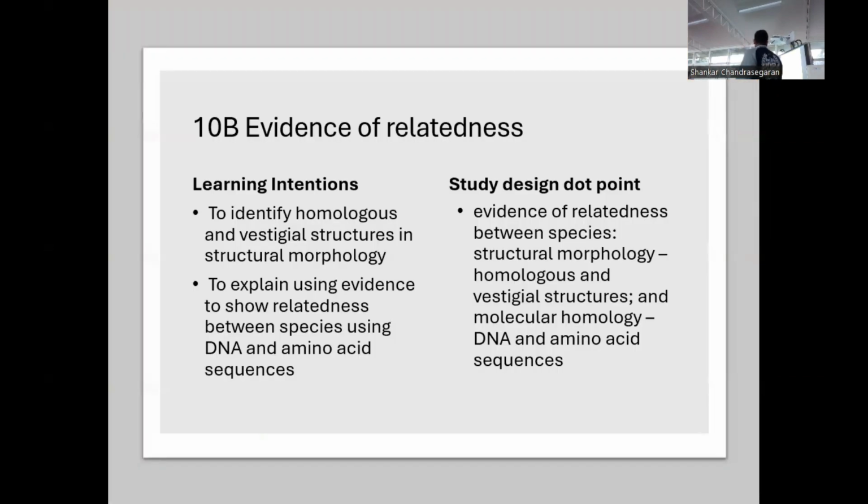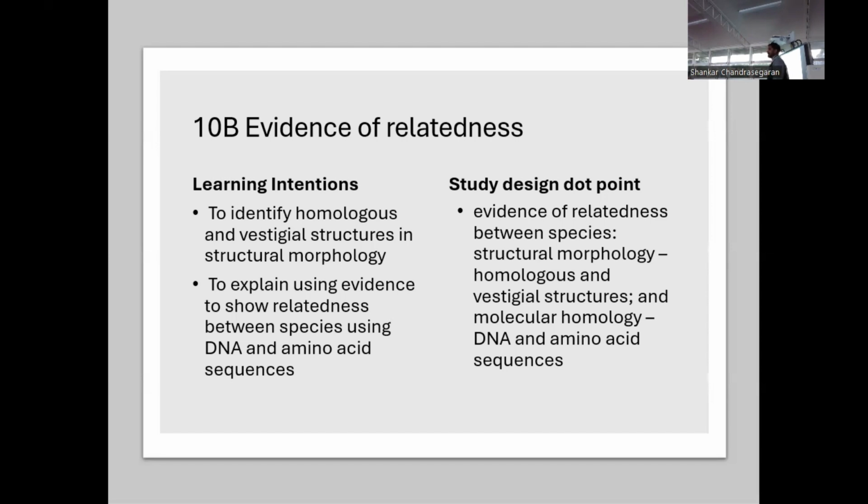All right, so today's lesson, like I said, we're looking at the evidence of relatedness between species, and we're going to use two main mechanisms to relate them together. One is called structural morphology, and the second one is molecular homology. Structural morphology is looking at the physical features that different species have that can be related to a common ancestor.